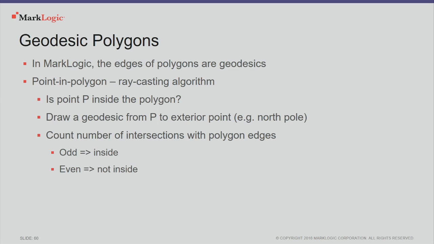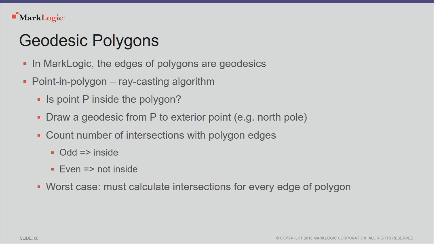But in order to do this algorithm, you have to check every single edge to see if it intersects with that geodesic, potentially. We have lots of optimizations in place to rule out sort of easy cases. But in the worst case scenario, every edge of that polygon has to be checked for every point. And so this can get very expensive if you have polygons with very large numbers of vertices.